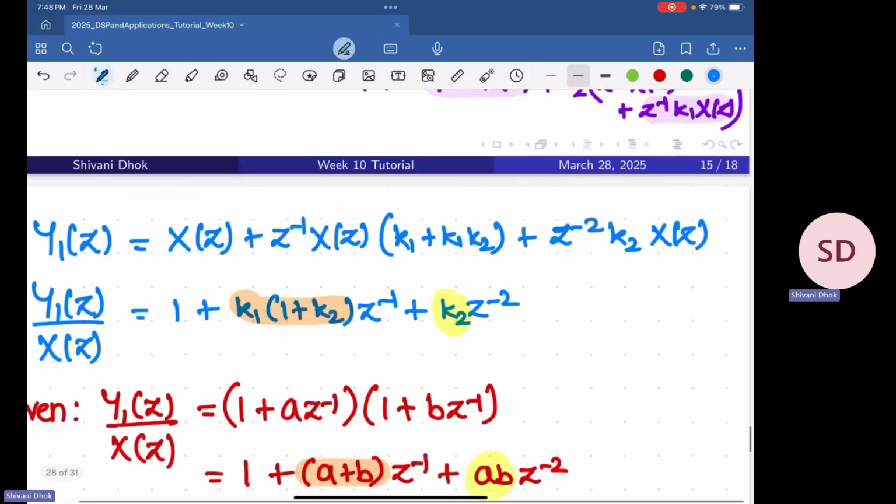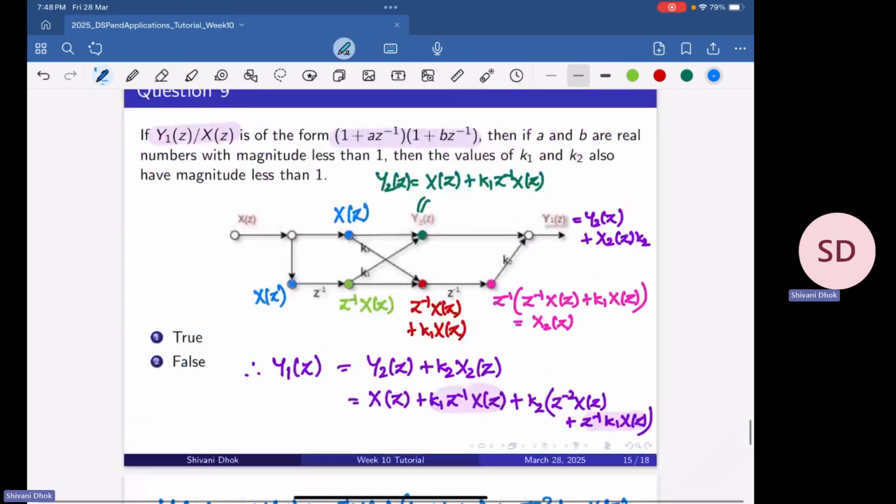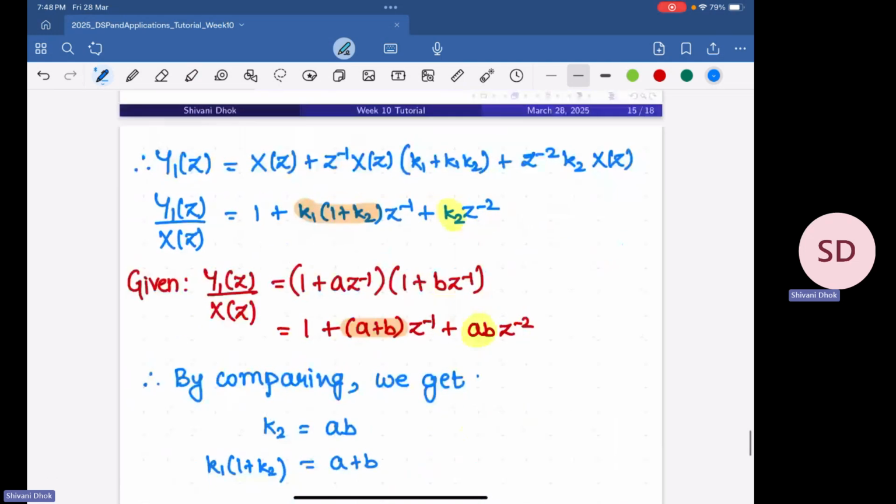Is it clear? Now what we need to find out? We need to figure out if a and b are having magnitudes less than 1, then can k1 and k2 also have magnitude less than 1? So let us try to do that.